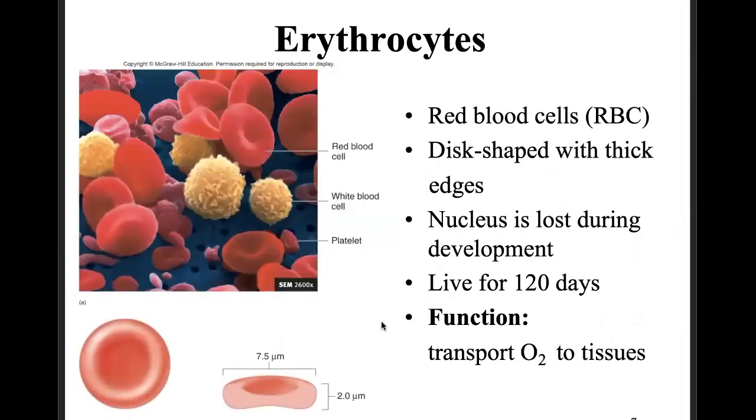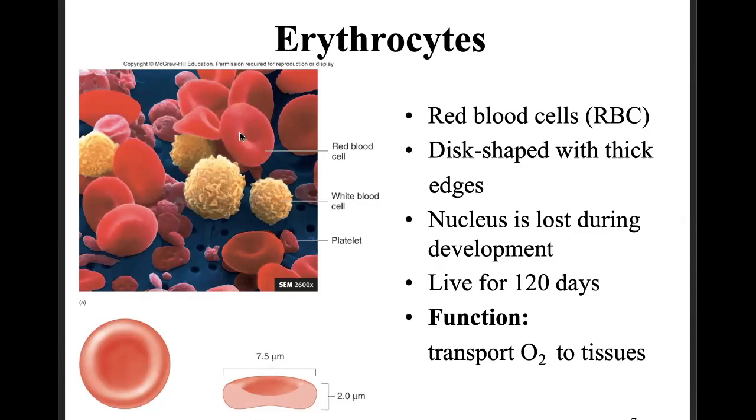Moving on here, let's talk about the first one, which is your erythrocytes, or your RBC, or your red blood cells. As you can see in this illustration, it is disc shaped with thick edges, compared with your WBC and also your platelets.